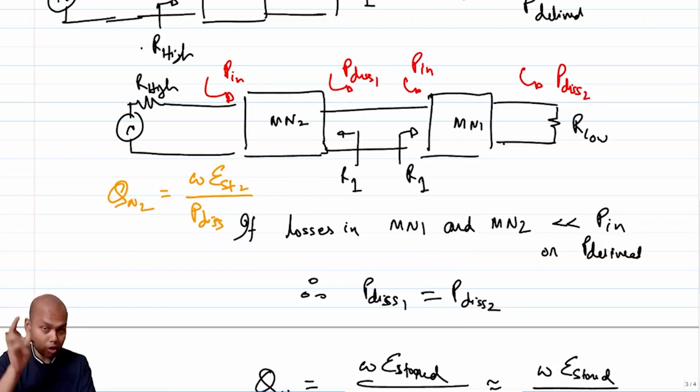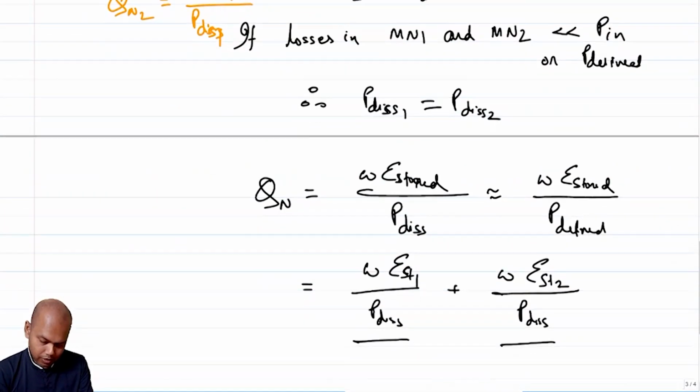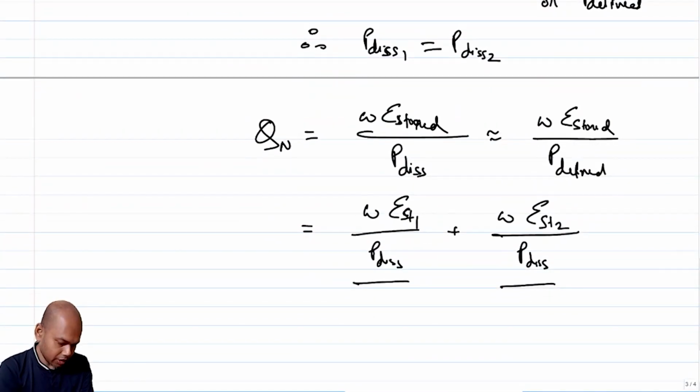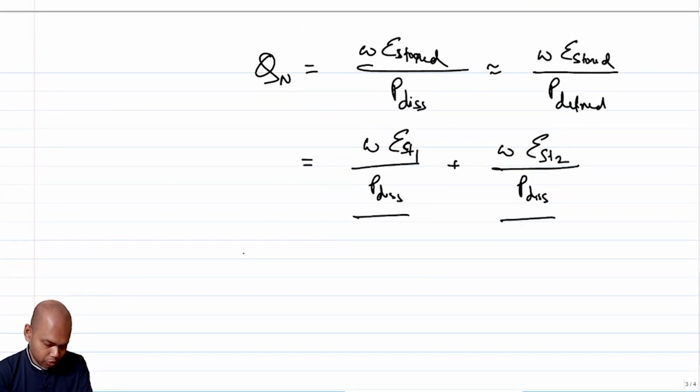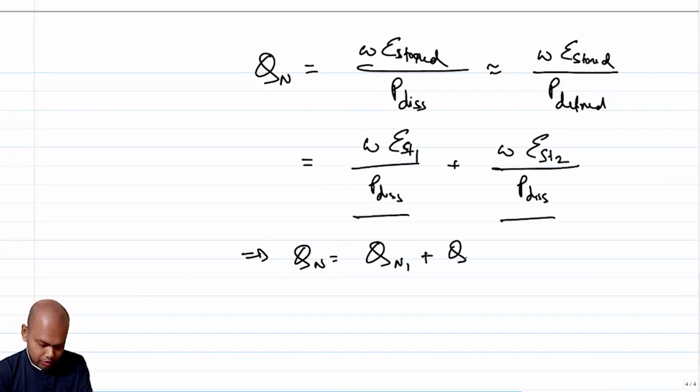But power dissipated not in the matching network, but essentially the power delivered. So this is power dissipated 1, because we are talking about the network Q. Okay. So what is the moot point here? The moot point here is that the network Q becomes Qn1 plus Qn2.